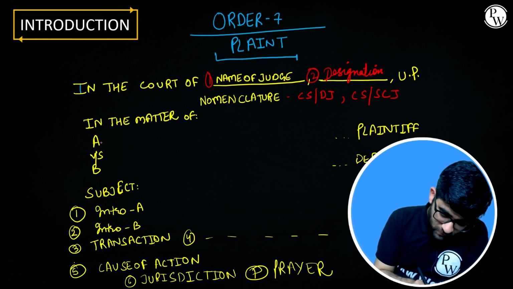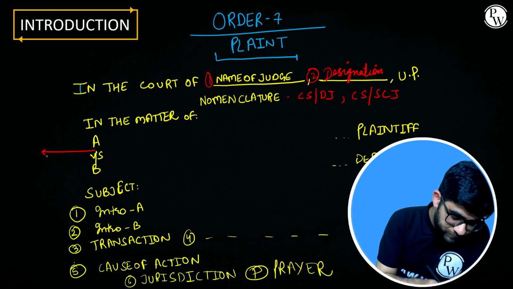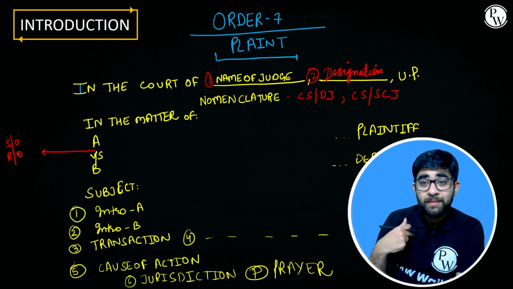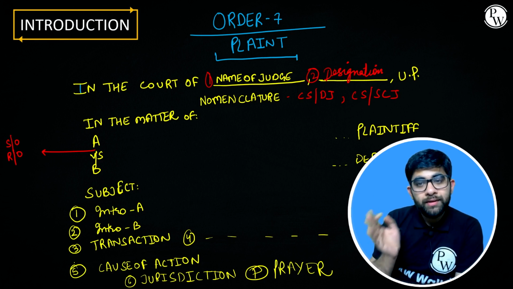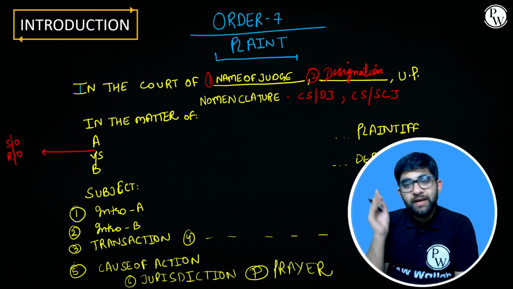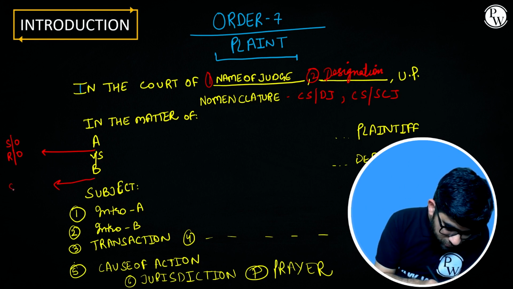Now, A, the plaintiff, you have to write here son of, resident of. You have to explain yourself. If a minor, then the representative has to give its own details. B, again, you have to write son of, resident of.